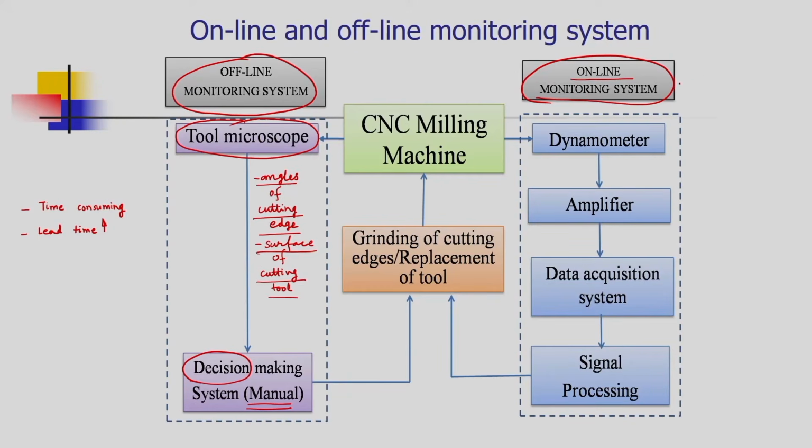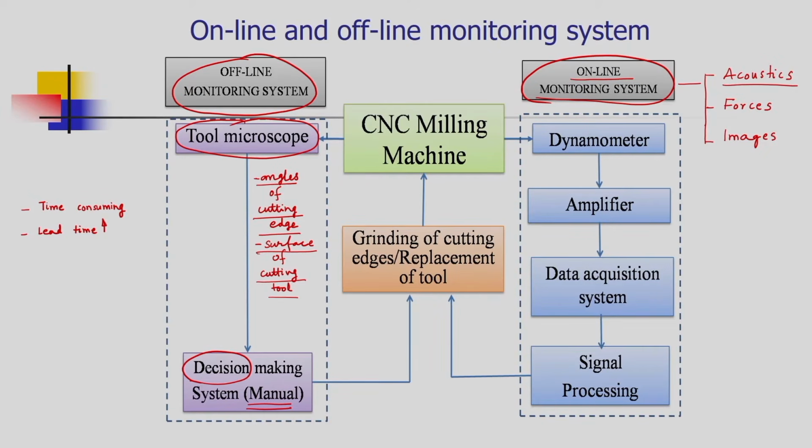In this system various options are available. We can go for acoustics, or the measurement of forces, or images. Acoustics is nothing but recording the sounds during the cutting operation.